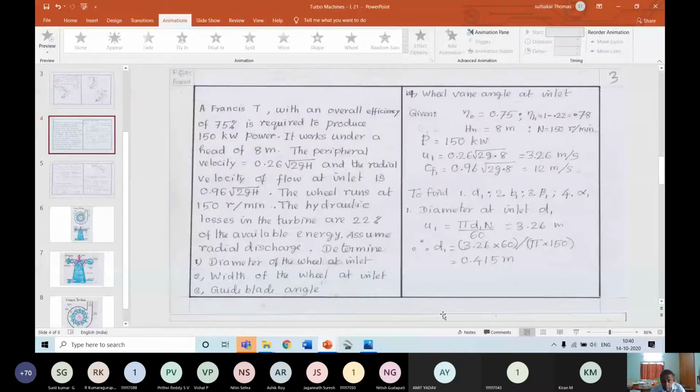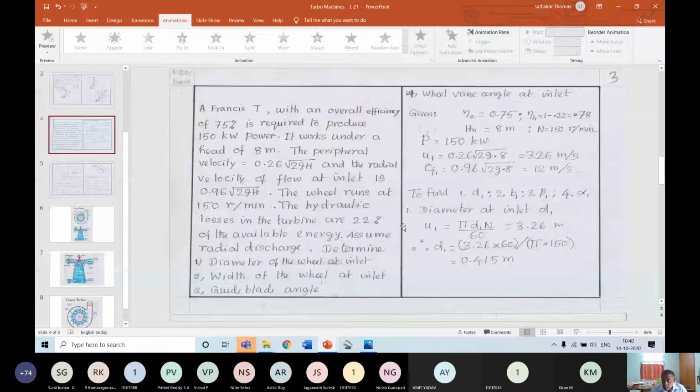The first part is determination of the diameter of the wheel at inlet. So you are given details like the overall efficiency 0.75. The hydraulic efficiency is indirectly given. You read that the hydraulic losses in the turbine are 22% of the available energy. So that amounts to 1 minus 0.22, which gives you 0.78 as the hydraulic efficiency.